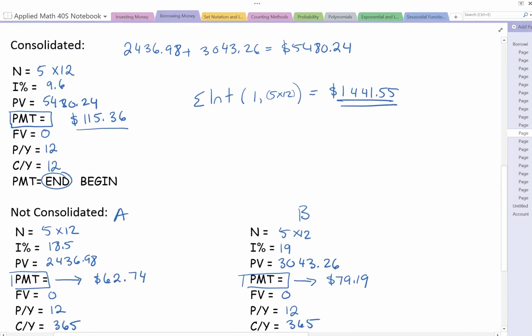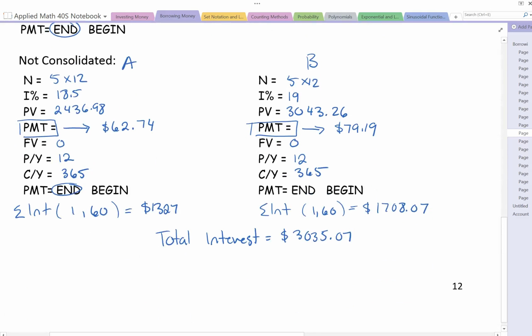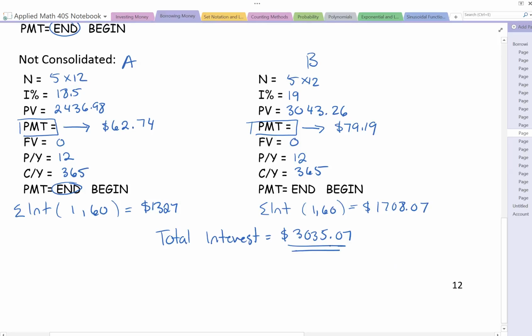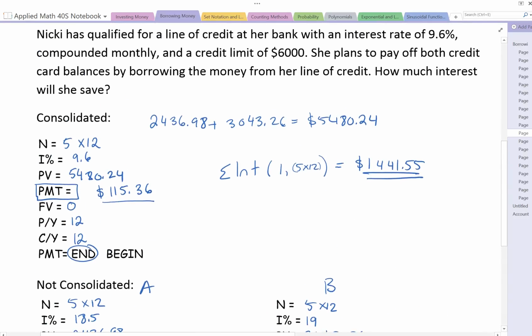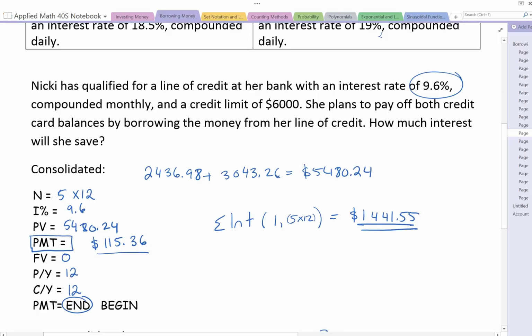So how much money is she actually saving by consolidating her credit? So if we take that $3,035.07, subtract $1,441.55, she's saving $1,593.52. It's amazing. That's a lot of money saved, and she's paying it off in the same amount of time, but way less, just because she's qualifying for this credit line.